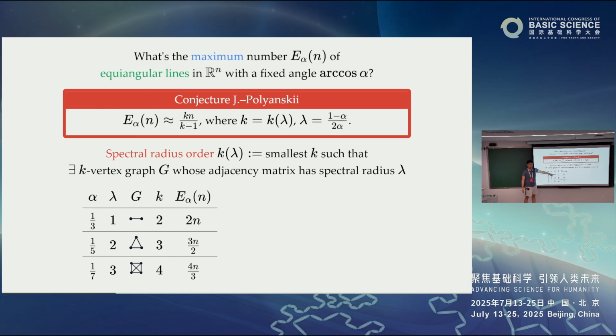So k is equal to 2, since it has 2 vertices. And similarly, a triangle is for lambda equal to 2, and a complete graph on 4 vertices gives you lambda equal to 3. And therefore, the spectral radius orders for these parameters are 2, 3, 4, and conjecturally, we think this function behaves like 2n, 3n over 2, 4n over 3.